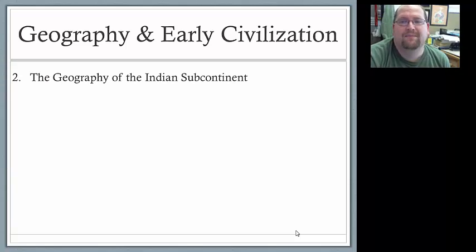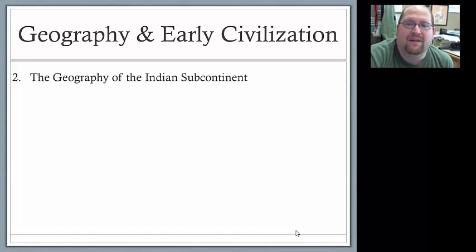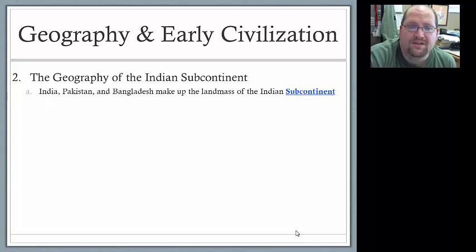So as we start out on our unit, we are going to, of course, focus on the geography like we always do. From the map we saw a few slides ago, India is part of a larger area known as what we call the Indian subcontinent. This area is made up of the modern-day countries of India, Pakistan, and Bangladesh, and together they make up the Indian subcontinent.